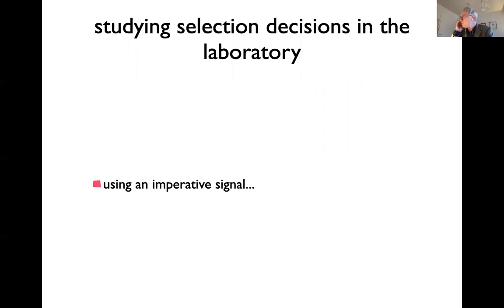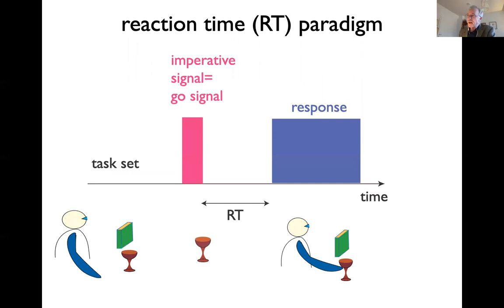So for pretty much the rest of this lecture, I want to talk a little bit about how we would be looking at selection decisions in the laboratory, not in free choice, but in situations where there is an imperative signal. I wanted to talk about two paradigms.